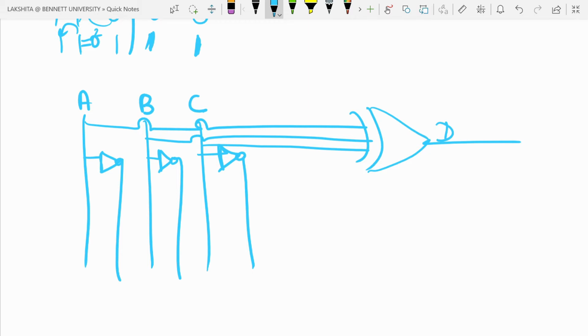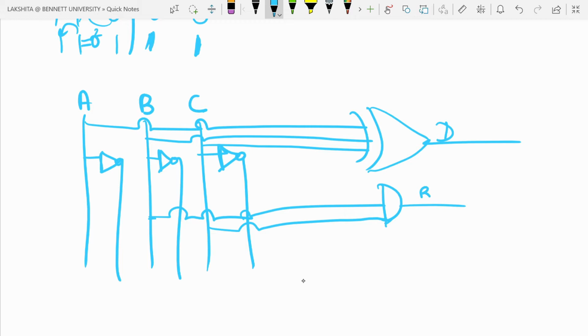Now for the value of B output, we can use 3 AND gates and 1 OR gate. So first we will calculate BC. For that we'll take B from this position and C from this position.